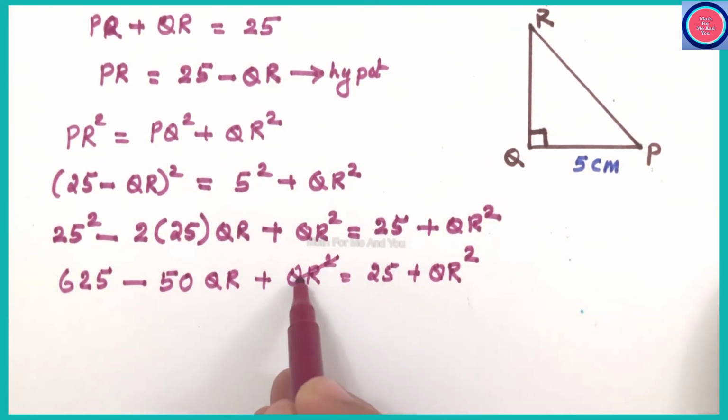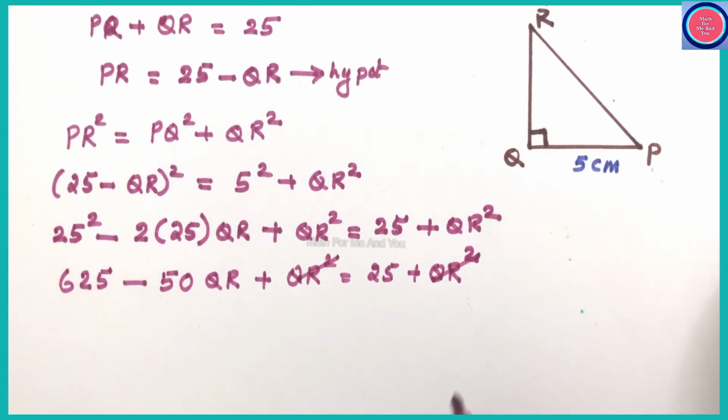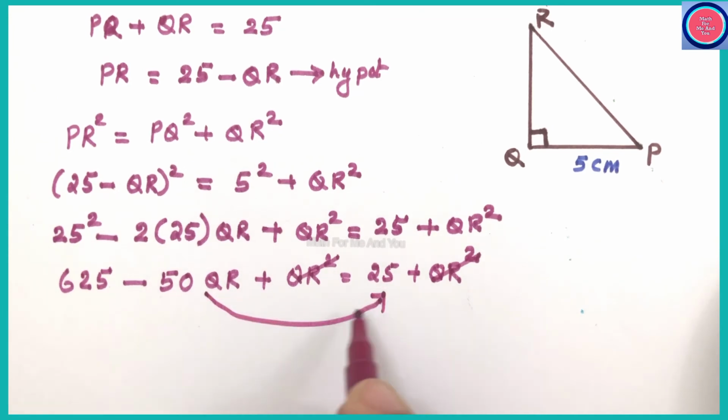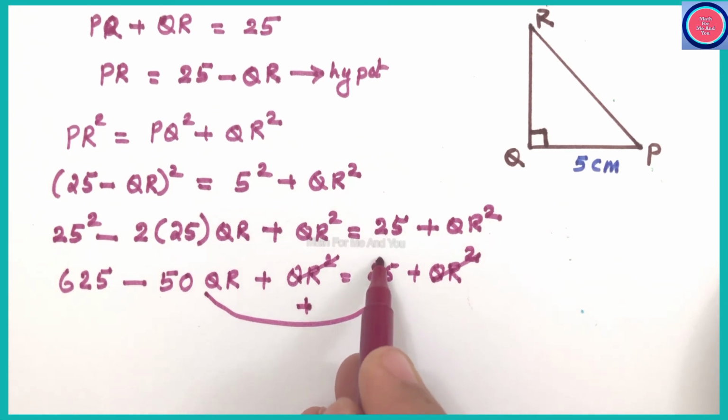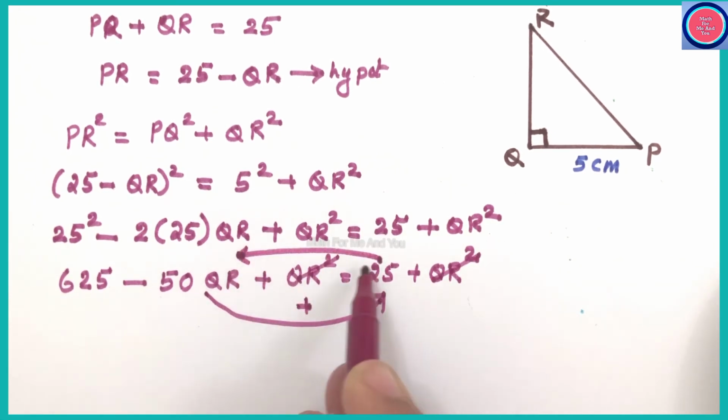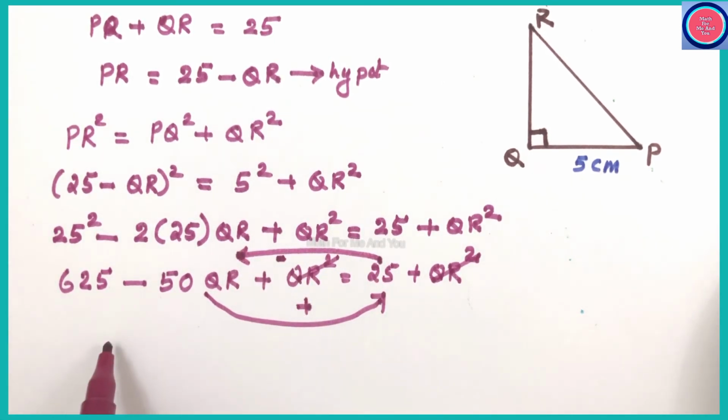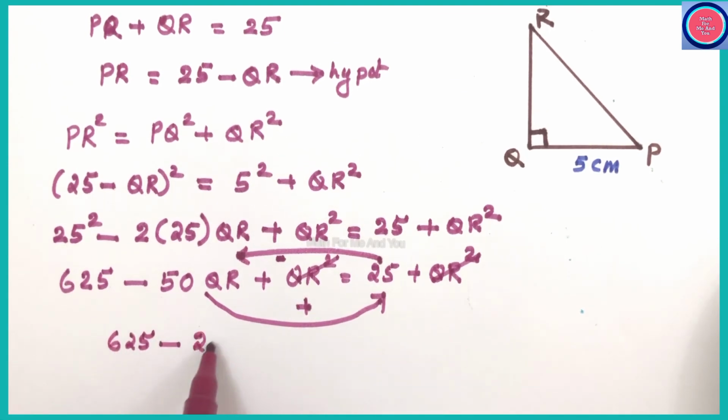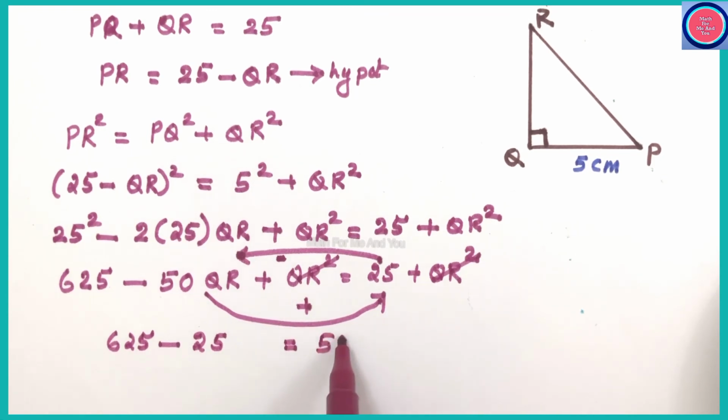Now I am going to cancel QR square from left side and right side. Now I collect the numbers on one side and move QR term to the right side. It becomes positive 50 QR on the right side, and 25 I can move to the left side. It becomes minus 25. Next step we can write 625 minus 25 is equal to, right side is 50 QR.